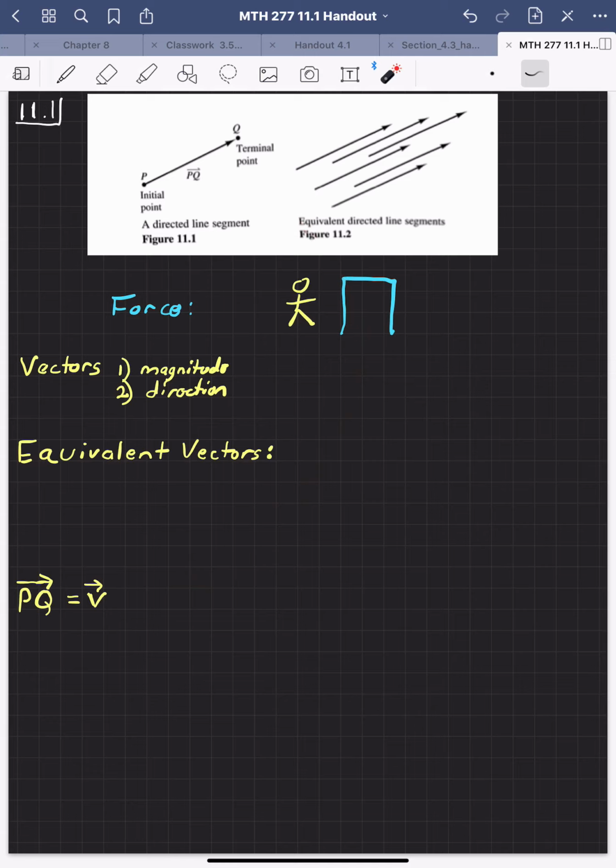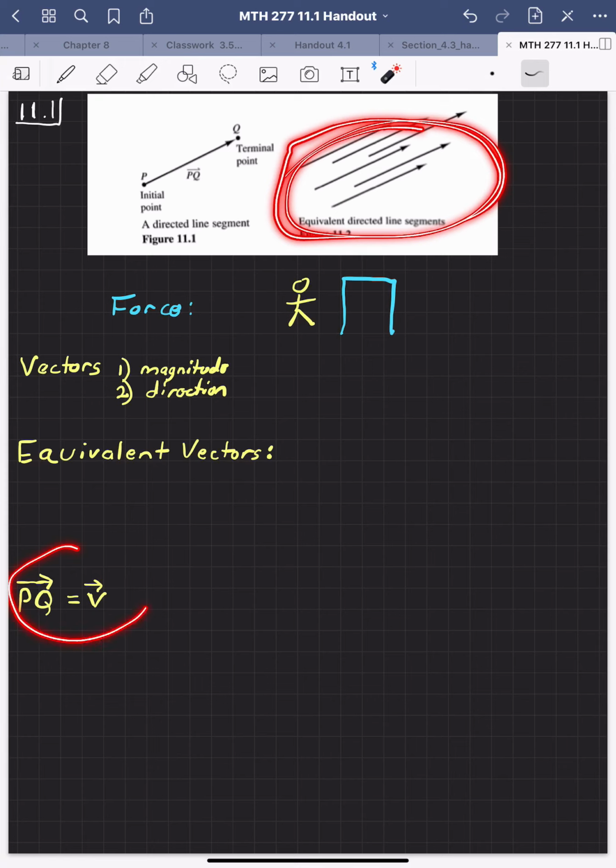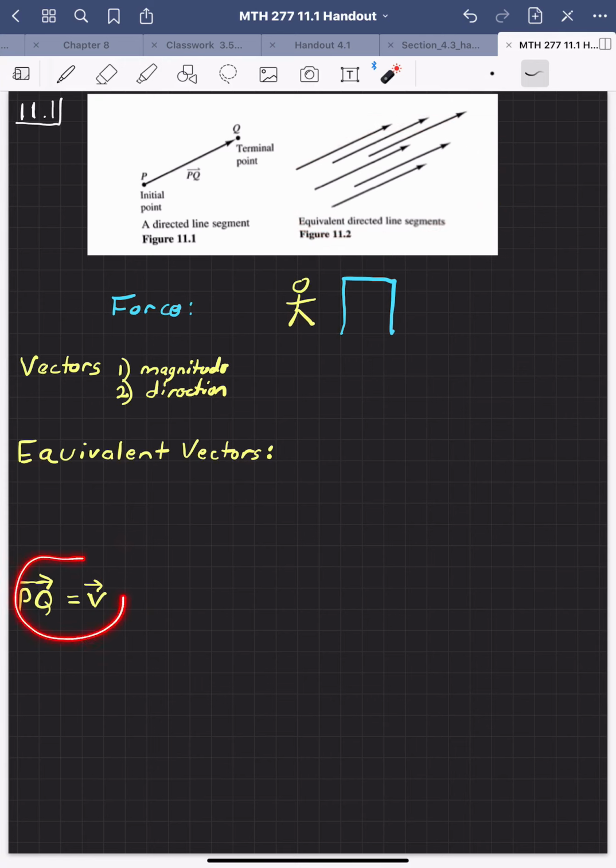I'll do my best using a stylus to bounce back and forth as to where my eyes are, but I'm going to be looking at figure 11.2 along with this statement of equality. Now, the question I had stated was, what is the difference between a directed line segment, this segment heading from P to Q, or something we might call vector V?